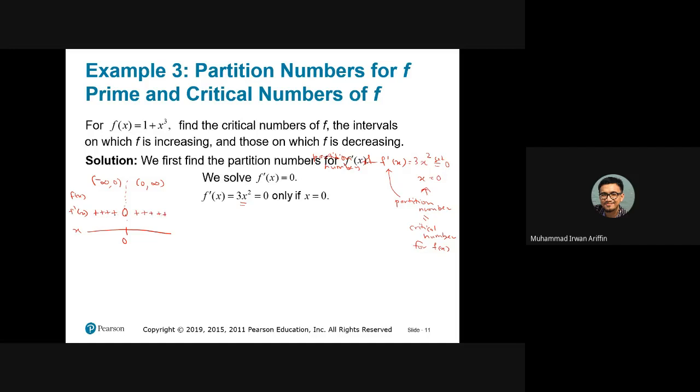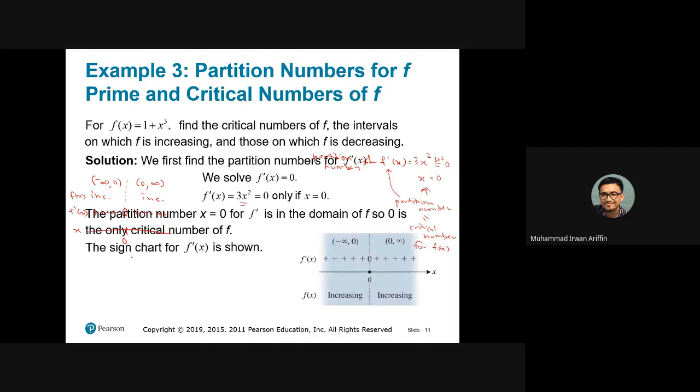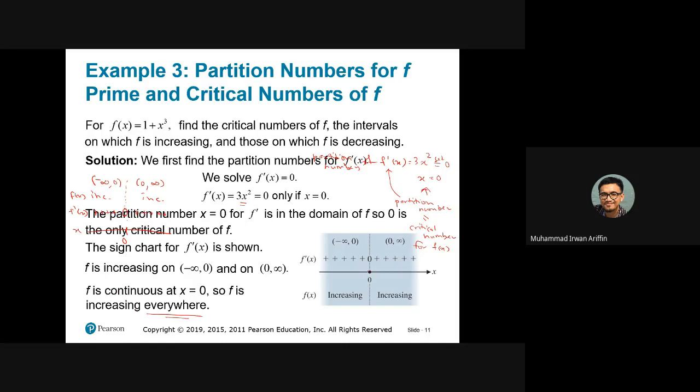So based on this, the graph would be increasing and increasing. It's just that there is one point where the slope is 0, where it is not increasing. Since the function is continuous at x equals 0, we know the function is increasing everywhere. It is going up, increasing non-stop.